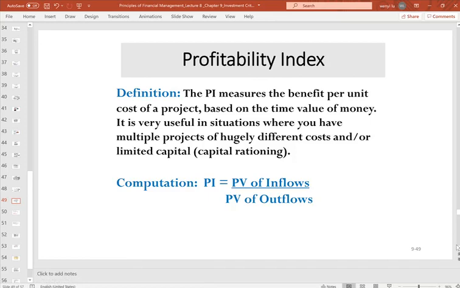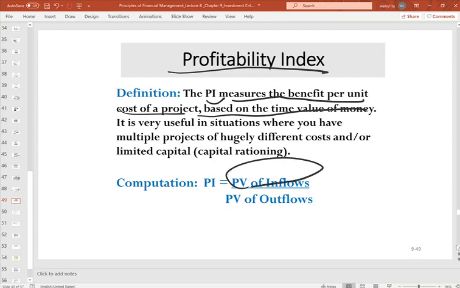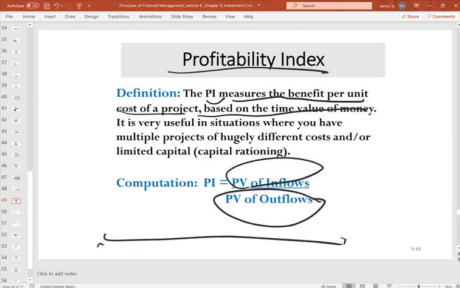The last one we will cover for this chapter is called the profitability index, right? The profitability index, called PI, measures the benefit per unit of cost of the project based on the time value of money. So it's computed as the PV of inflows over the PV of outflows. So you will look at the timelines.